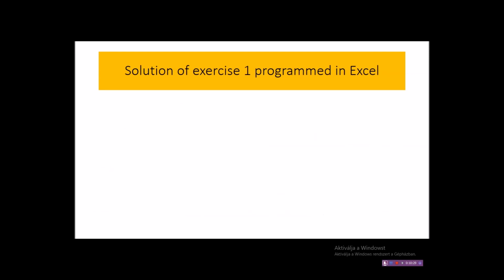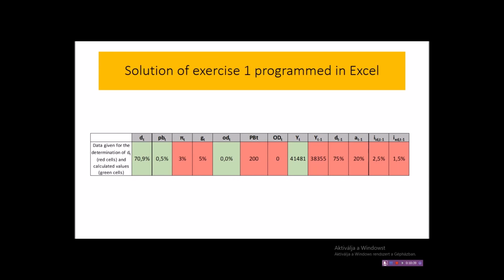And finally, there is one more thing that I would like to show you. It is very practical to program these kind of exercises in Excel. When we are using this, we only have to give in the indicators of the red cells, and the rest of it are calculated values according to those formulas that we already know.